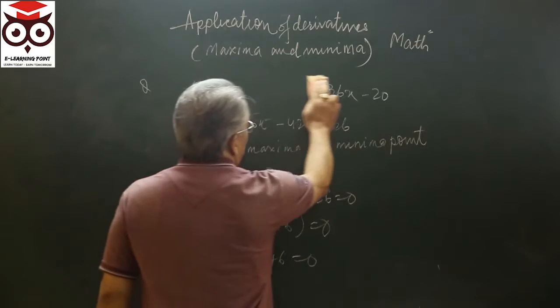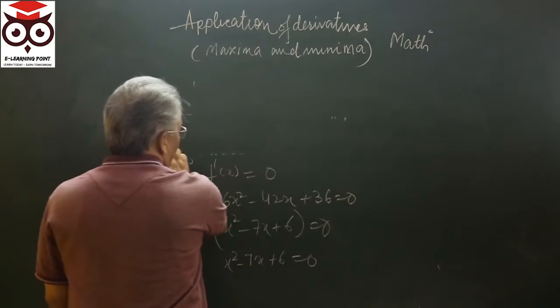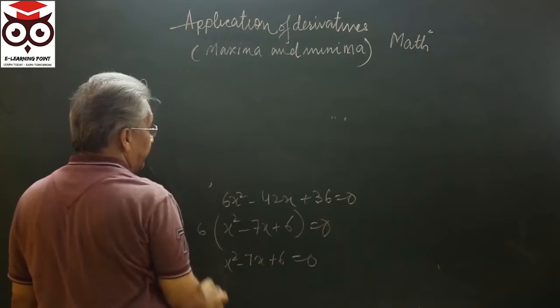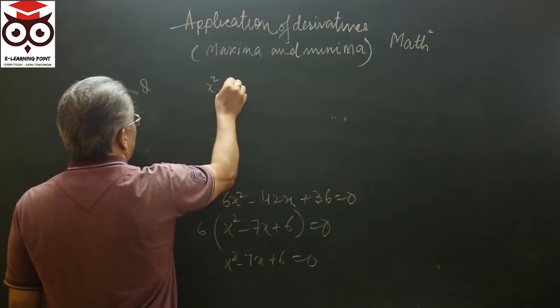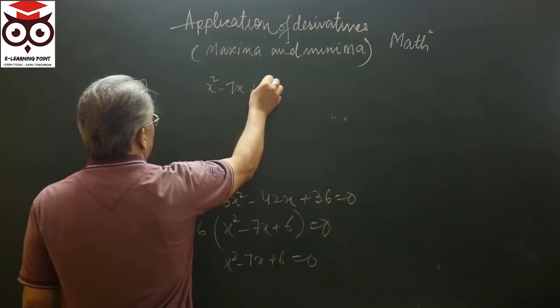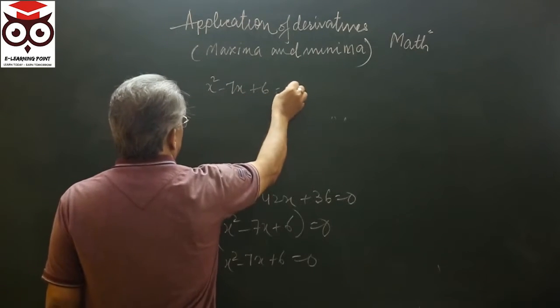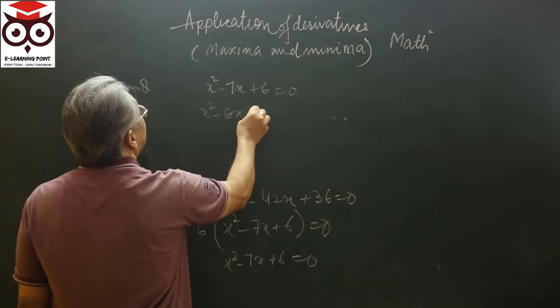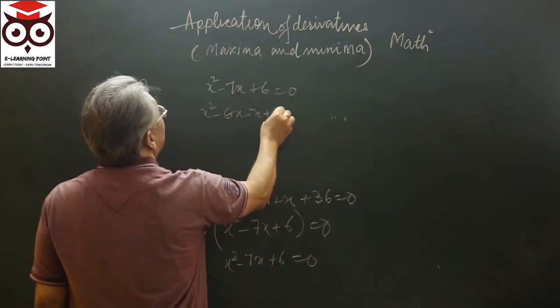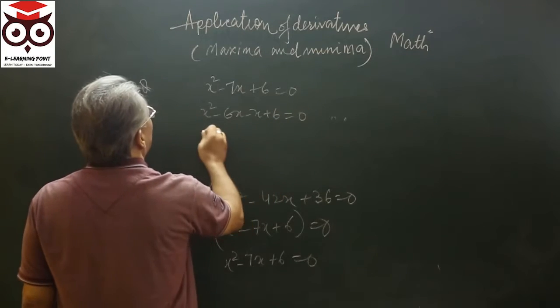Now I will use the middle term split method. x square minus 7x plus 6 is 0, so I will write x square minus 6x minus x plus 6 is equal to 0.